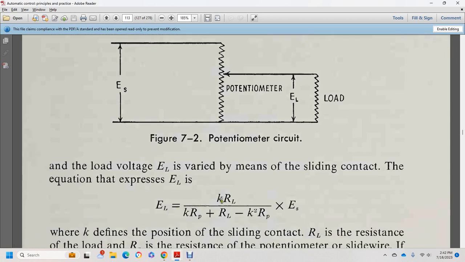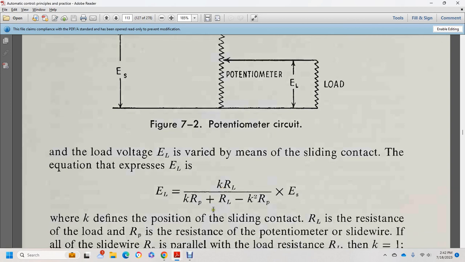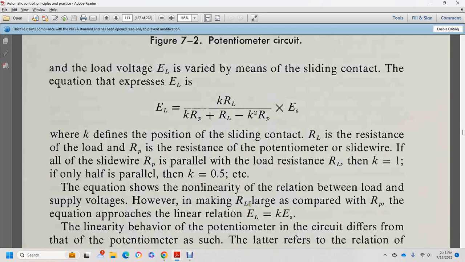Load voltage is defined as K, the position of the sliding contact, times the resistance of the load, divided by K times the resistance of the potentiometer plus the resistance of the load, minus K squared times the resistance of the potentiometer, times the supply voltage. Where K is defined as the position of the sliding contact, R subscript L is the resistance of the load, and R subscript P is the resistance of the potentiometer over the slide wire.